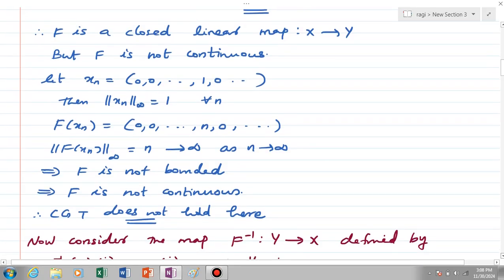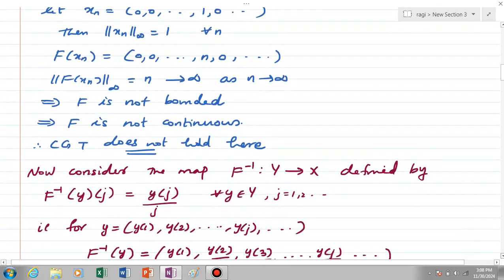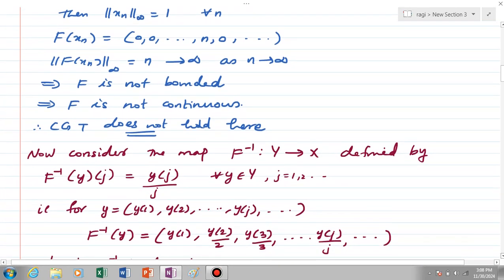Okay, now consider the inverse map of the function above, that is F inverse from Y to X, defined by F inverse of y at j is equal to y(j) by j for every y element of Y and j equal to 1, 2, 3 etc. Here also X is equal to Y is equal to c_00 with the norm infinity.